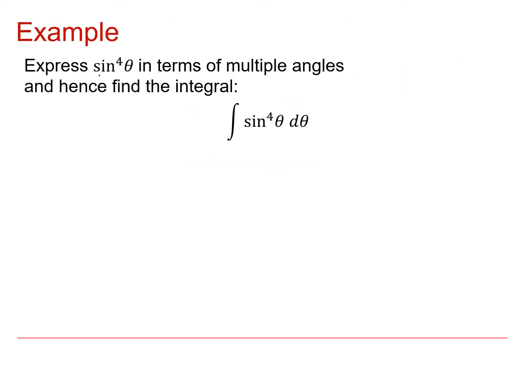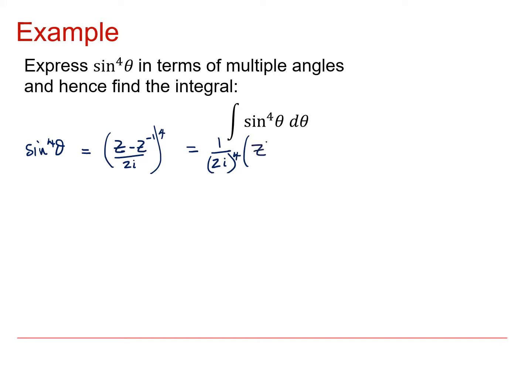Okay, so let's have a look at this example integral. I'm trying to integrate sine to the power 4 theta, and the suggestion is that we express sine to the power 4 theta in terms of multiple angles first of all. So let's have a look at sine to the power 4 theta. That's going to be z minus z to the minus 1 all over 2i to the power 4. And that's going to be equal to 1 over 2i to the power 4 times, we're going to multiply out this bracket now.